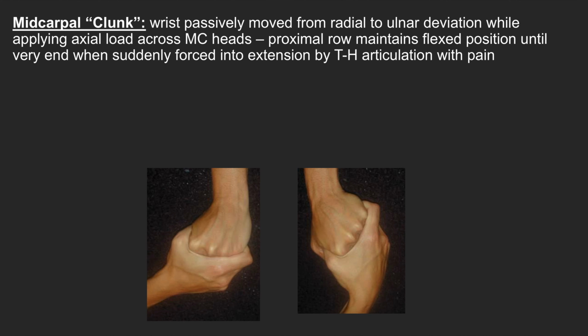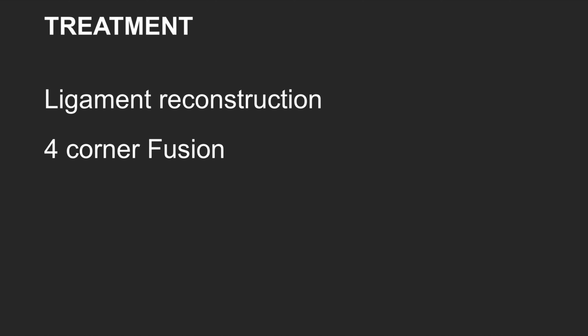This is the test that you do by stressing the carpus going from radial to ulnar deviation and feeling for that clunk. And the treatment for this midcarpal instability is two things. You can do a soft tissue reconstruction with a ligament reconstruction, or typically a four-corner fusion involving the capitate, lunate, triquetrum, and hamate. Eliminates the painful clunking.